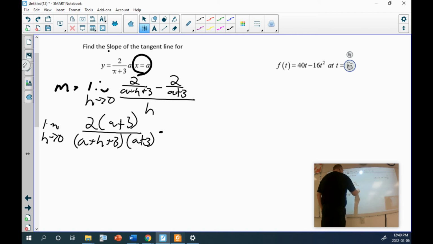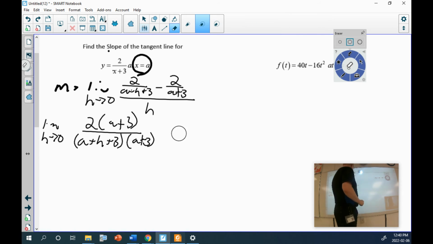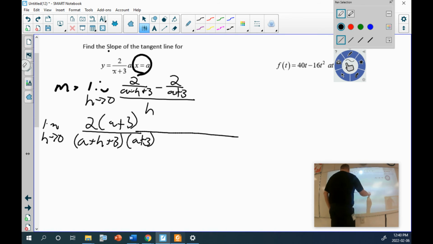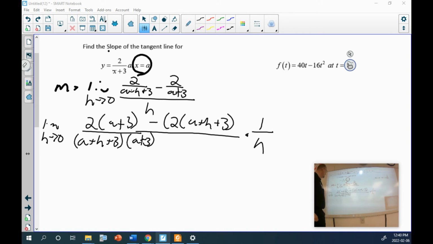I'm going to write my h as 1 over h just to be tidy. So much easier if I didn't have to write with my finger. Minus 2 times a plus h plus 3, and then times 1 over h. Again, I'm sorry about the writing.